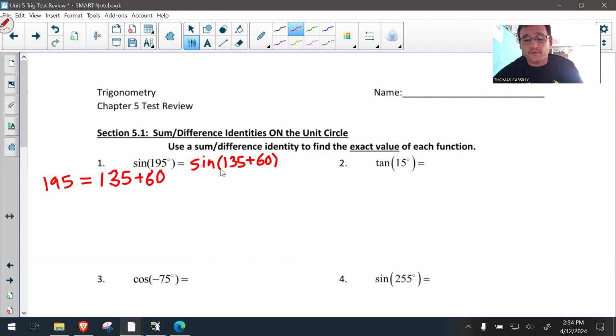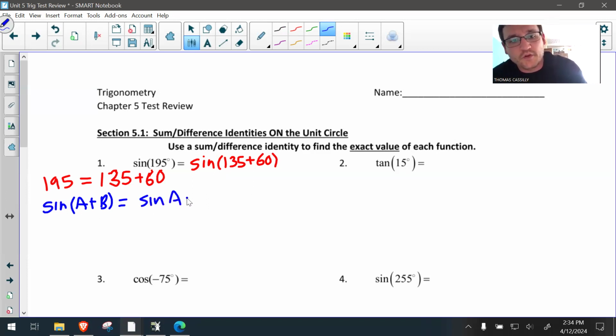So here brings up our first identity. What is the sine of A plus B here? So I'm just going to write down these identities. I'm not going to do this every time, but we know the sine of angle A plus angle B, right? The sine of A plus B is the sine of A times your cosine of B, right?